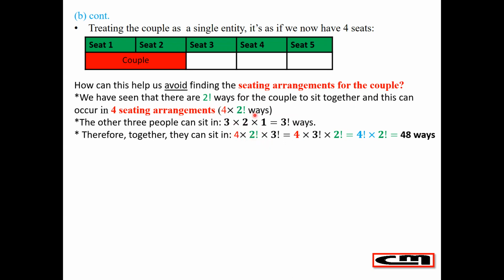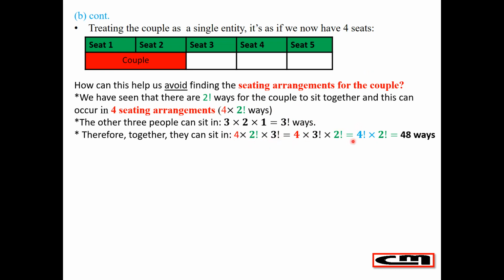Again, I need to make mention of the fact that when I multiplied 4 times 2 factorial, this one, times 3 factorial, I was using the fundamental counting principle, because arranging the couple, I arrange it in 4 times 2 factorial ways. Arranging the 3 people, I do it in 3 factorial ways. Together, we multiply them. That is the fundamental counting principle, right?